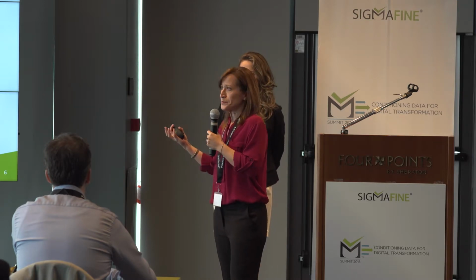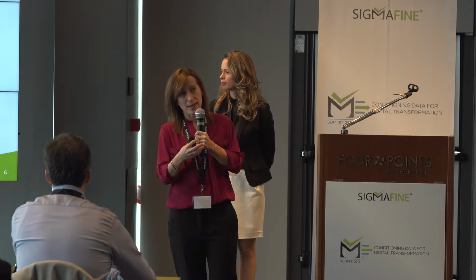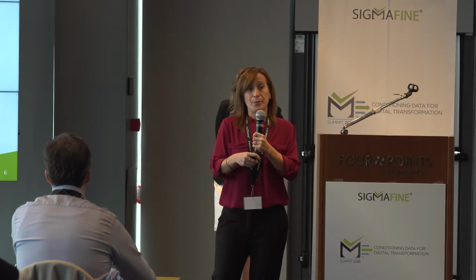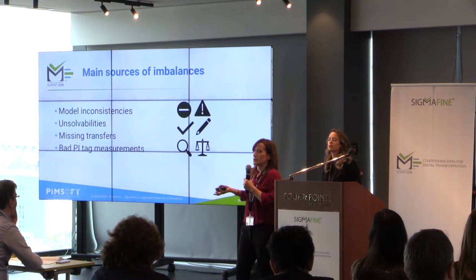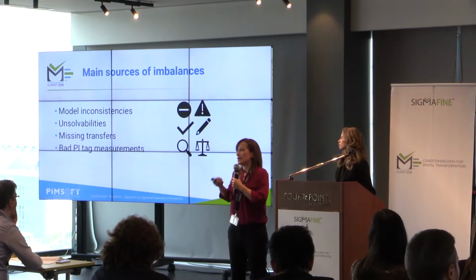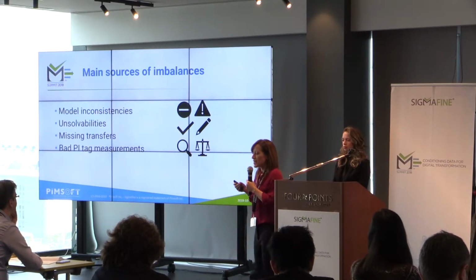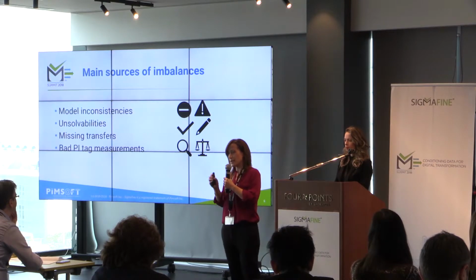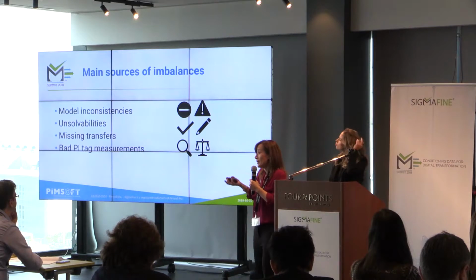If you have a bad model, a model that does not reflect exactly your process, you may have bad reconciliation. So you can have unbalanced data. So the first thing is to set and validate your model.